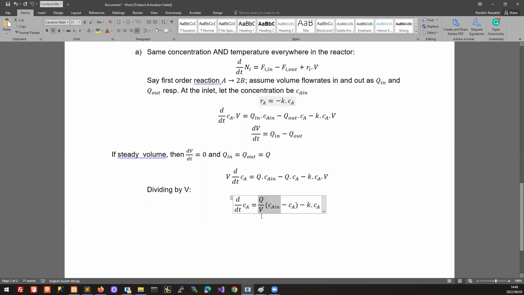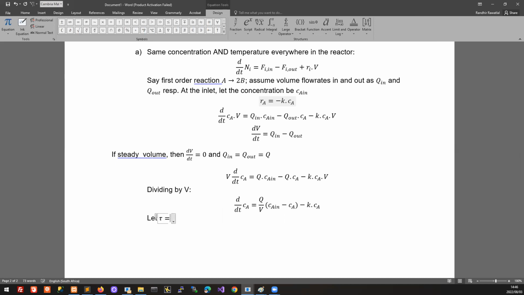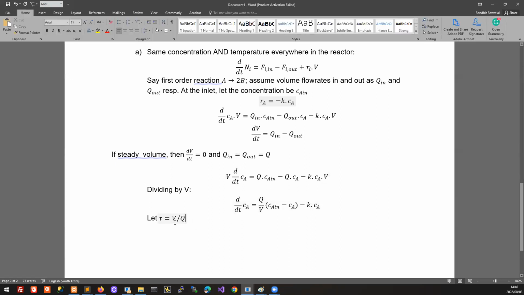Now, this thing has a certain special meaning to us. Let's say tau equals V over Q. And let's think about what that is. This is volume, and this is volumetric flow rate. So this is cubic meters, and this is cubic meters per second.